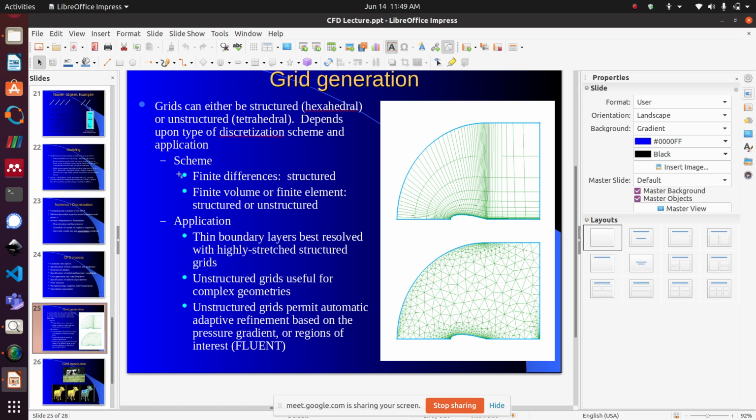So for this discretization part, you need to actually split the whole domain into really small parts, and in those parts where flow physics is complicated, you need a much refined grid, and you need a not so much refined grid in those parts of the domain where flow physics is simpler.